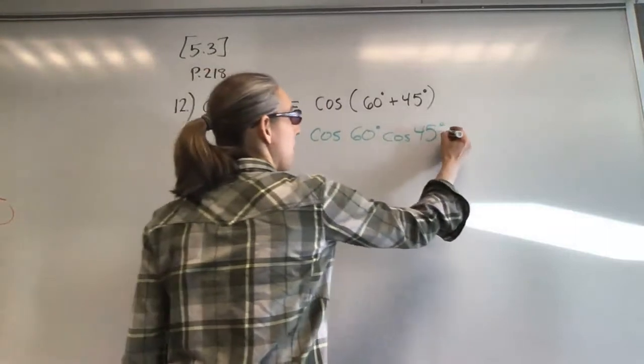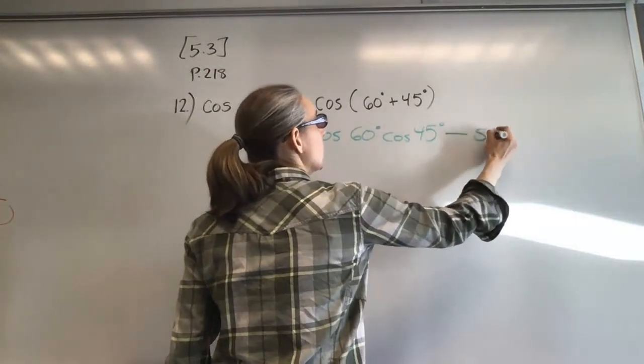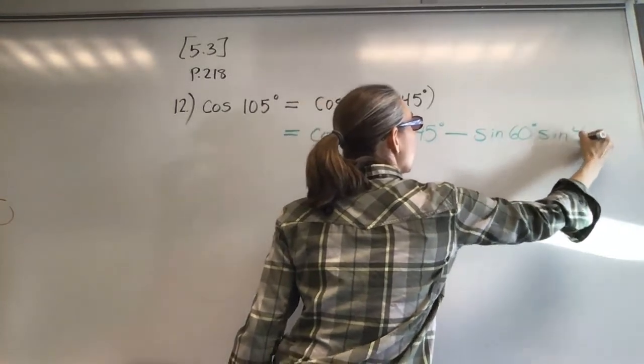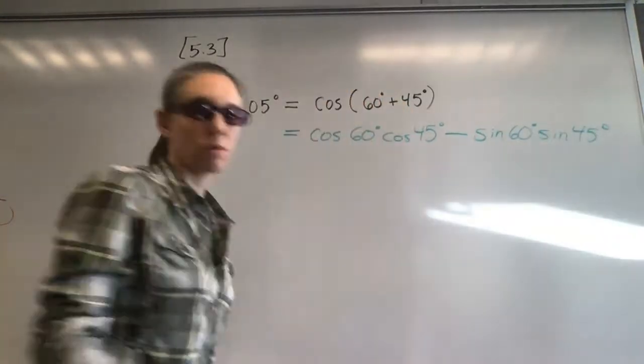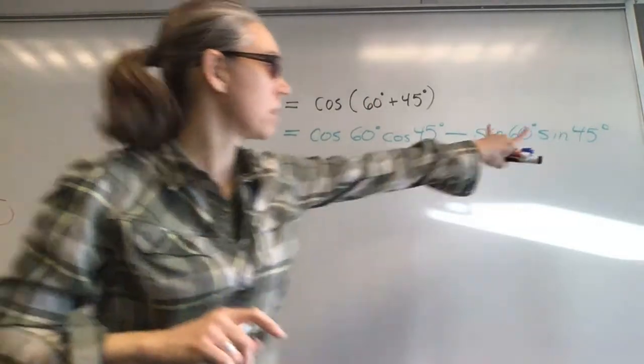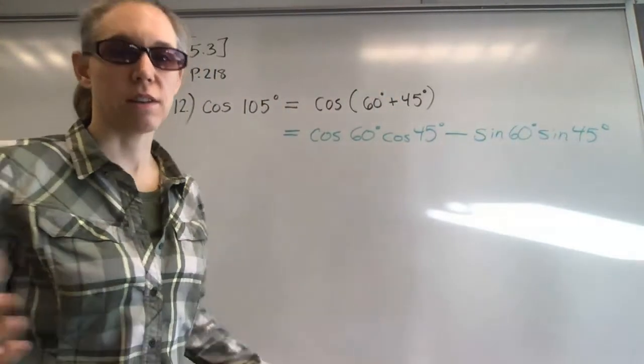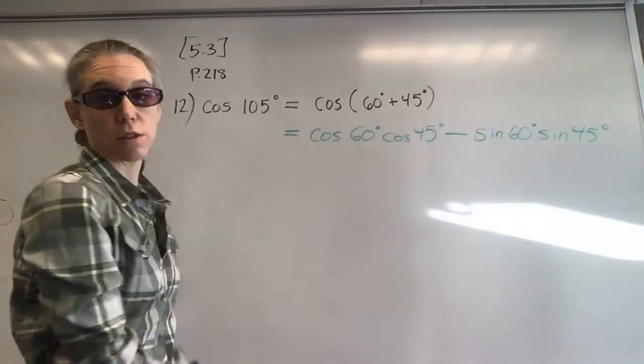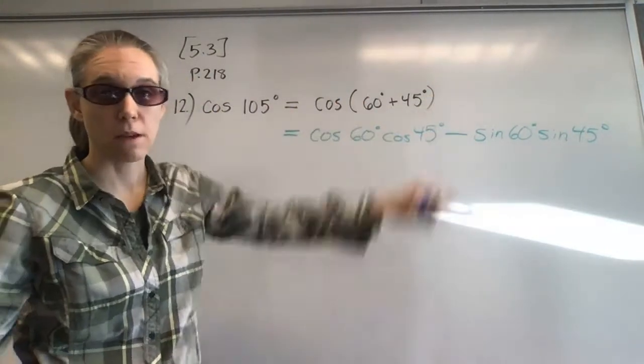So now we have minus sine 60, sine 45. And sometimes I may write those out of order, these two, flip them around. It doesn't matter. Multiplication is commutative. What matters is that you have your cosines first, then subtraction, then your sines.